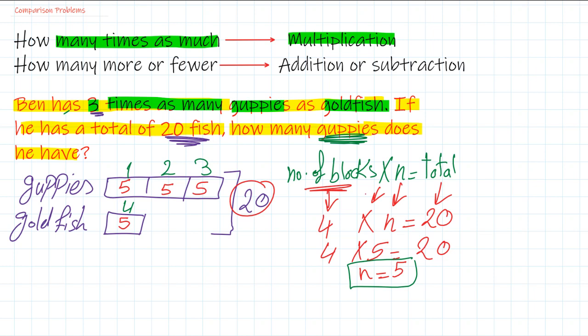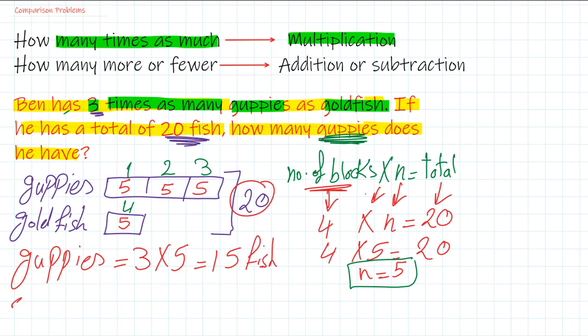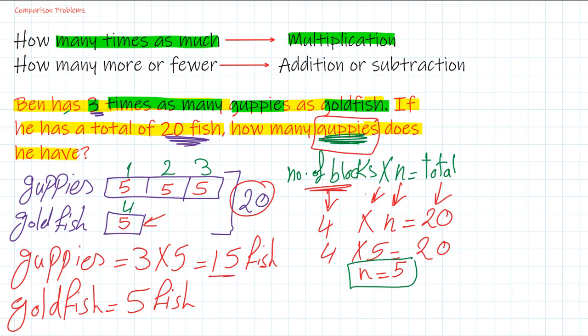The number of guppies equals 3 multiplied by 5, because 5 is repeated 3 times, so it will be 15 fish. What about goldfish? Goldfish is 1 block of 5, so it will be 5 fish. So the number of guppies here is 15, and our answer is 15.